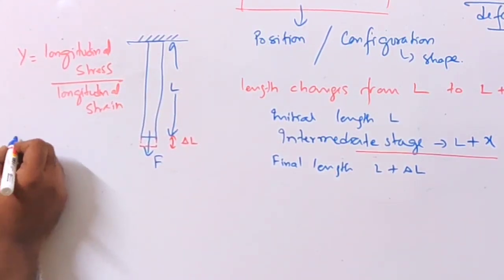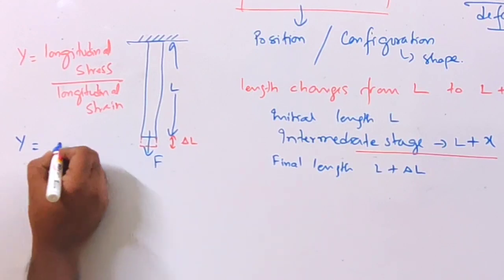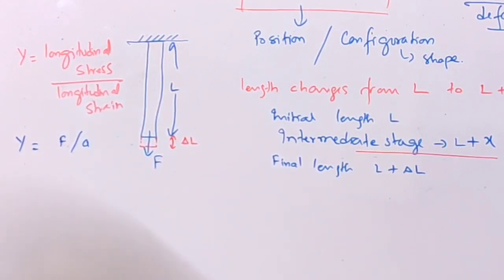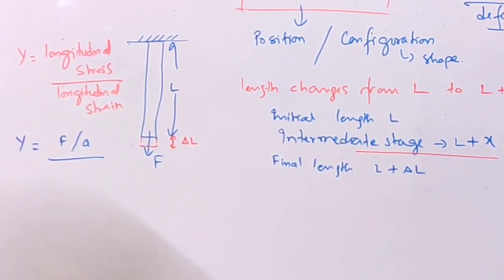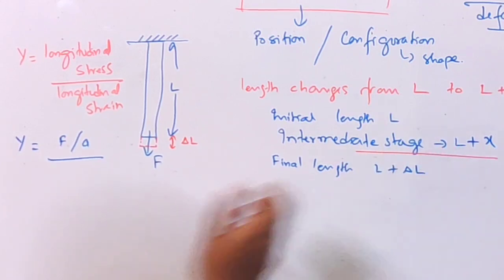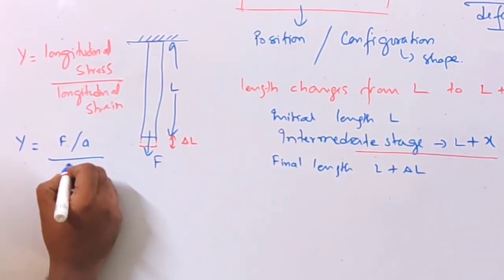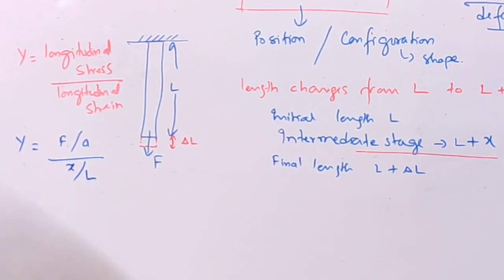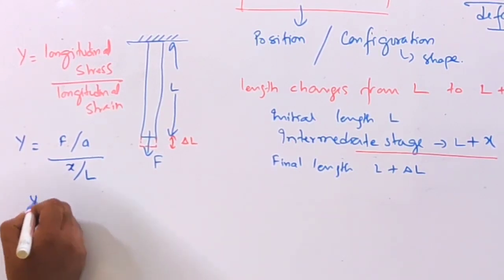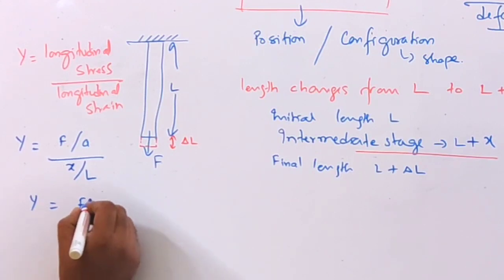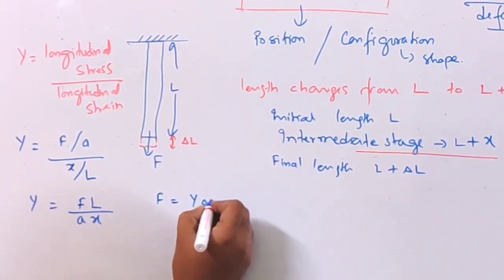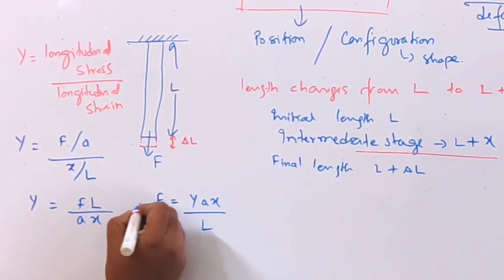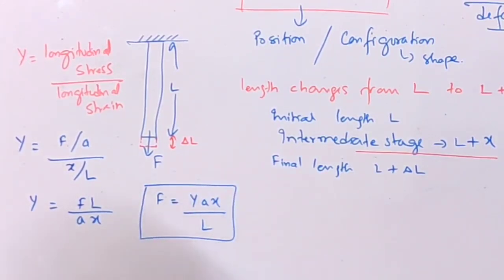Suppose F is the force and the cross-sectional area is A. Longitudinal strain is change in length by original length, and at the intermediate stage the change in length is X, so it is X by L. So Y is equal to F into L divided by A into X, or F is equal to Y A X divided by L. This is the expression for force.